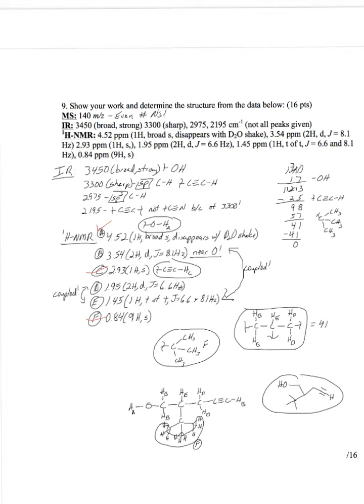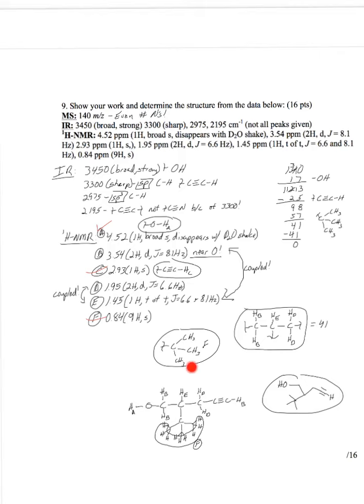E is 1H, so I think it's a C with an H, HE. And on either side of HE are B and D, because E is a triplet of triplets, so it'd have to have 2 CH2s on either side of it. I know that's coupled to both D and B. This whole piece adds up to 41, so we'll go count that out.